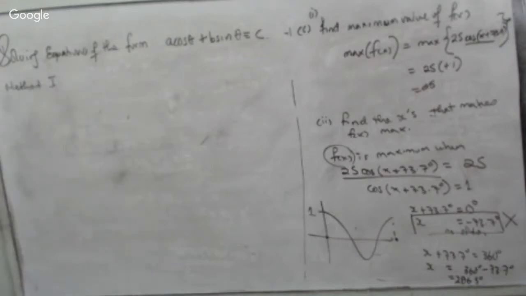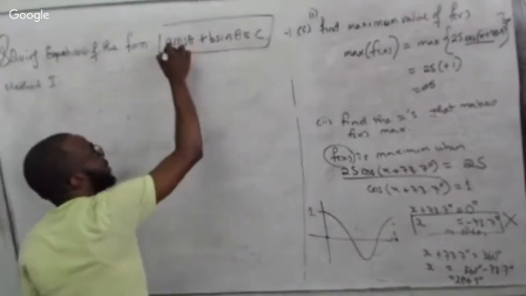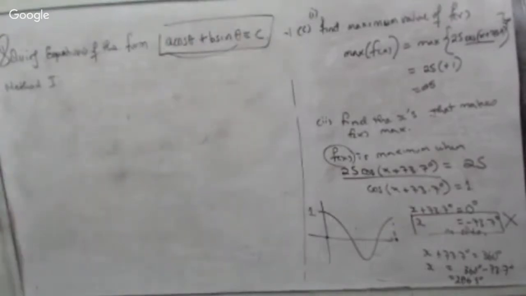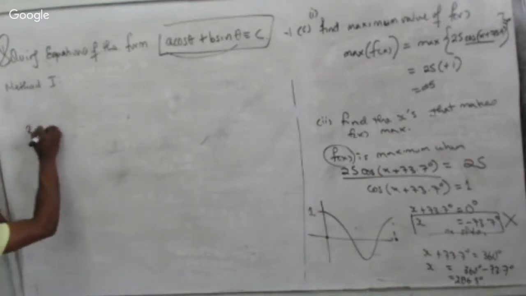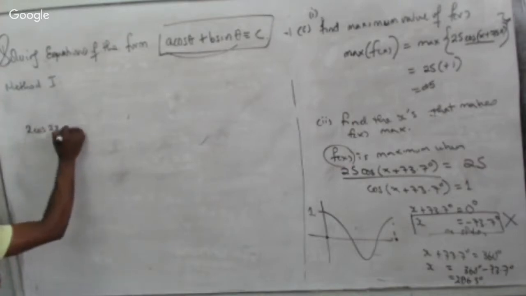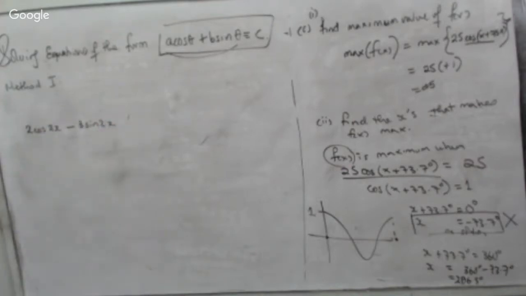Method 1 is identifying that it is in that form. So for example, 2 cosine 2x minus 3 sine 2x equals 2, right?